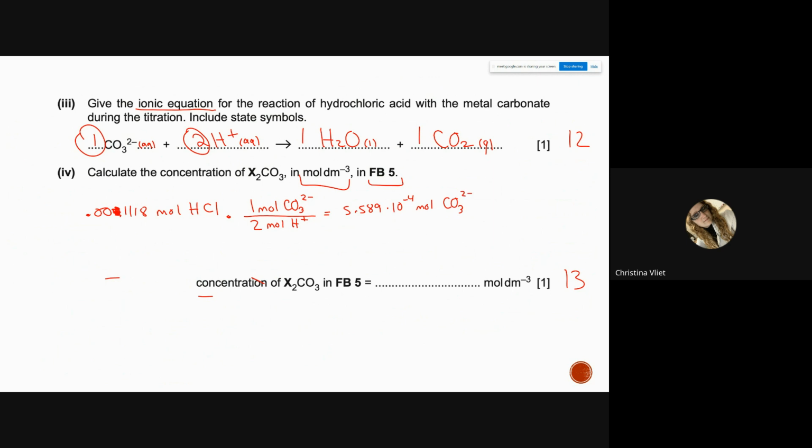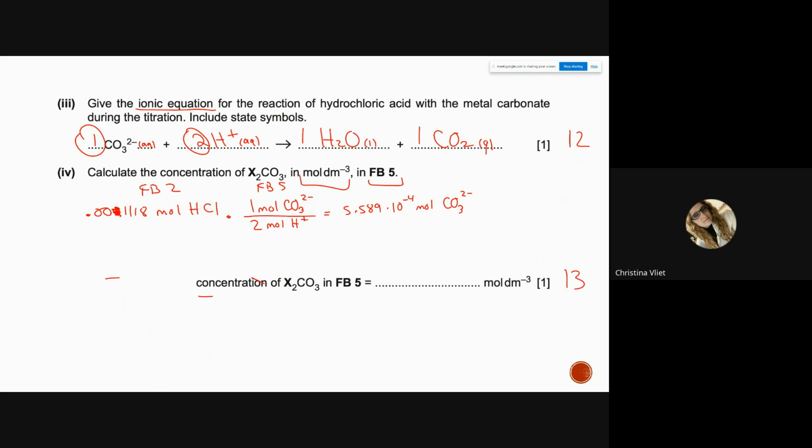Where do I have the mark? I went from moles of FA2 to moles of FA5, right? That's what I did. I have moles of FA5. Do I have the mark?